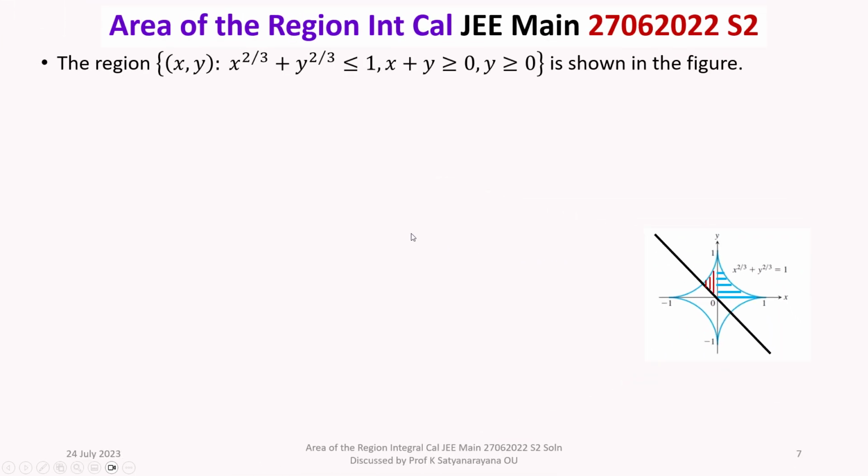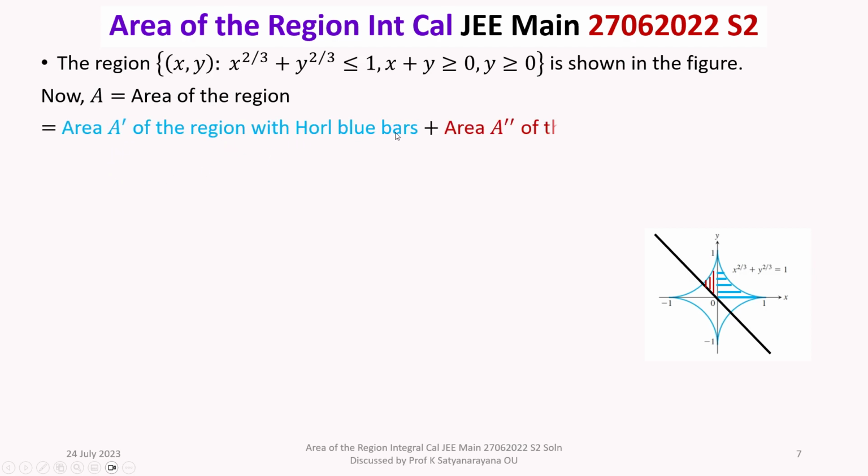Agreed. Now A is equal to the area of the above region. That is equal to the area A prime of the region with the horizontal blue bars, so this one, plus the area A double prime of the region with vertical red bars.